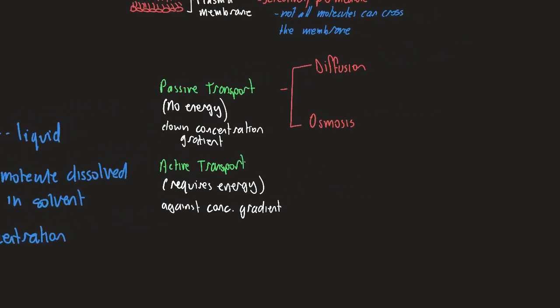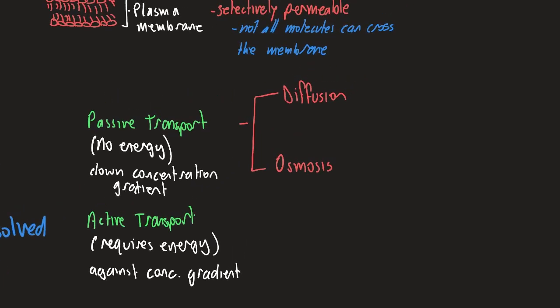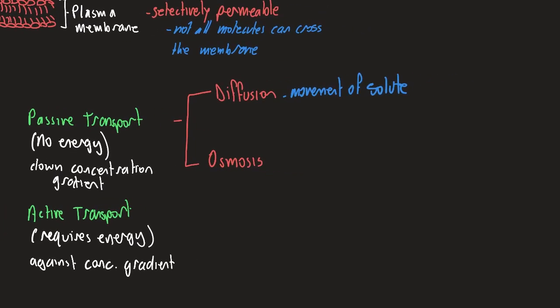Okay, so we've got diffusion and osmosis. They're both passive ways of molecules moving across the membrane. Diffusion is movement of solute. It might be glucose, it might be salt, or it might be oxygen.